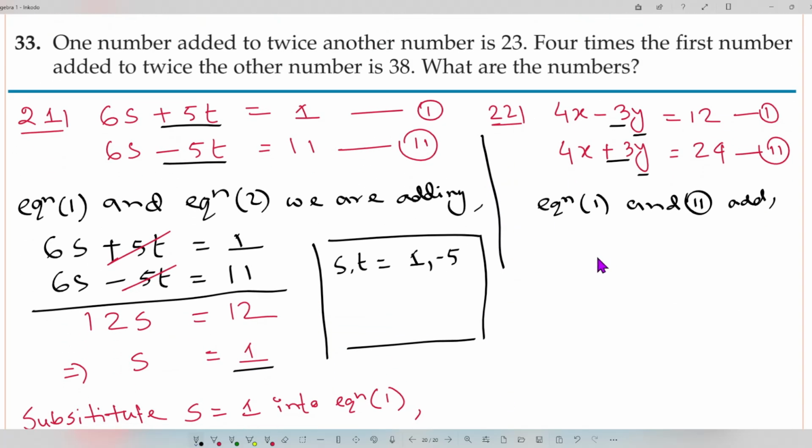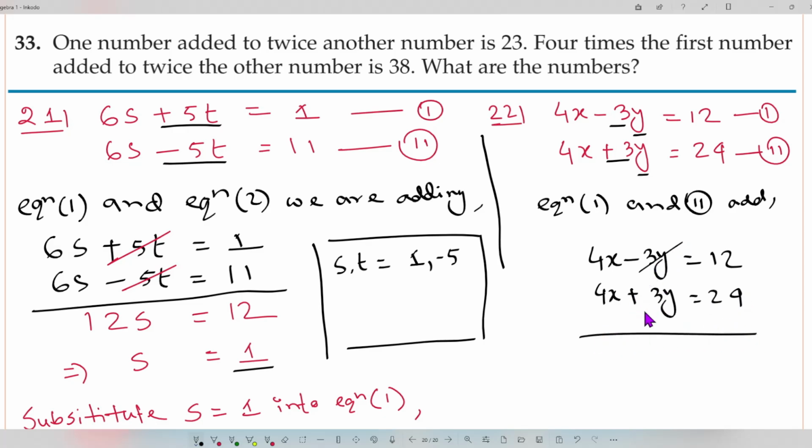So what will happen? 4x minus 3y equals 12, then 4x plus 3y equals 24. Once we add, minus 3y plus 3y is out, so here is 8x equals 24 plus 12, which is 36, right?